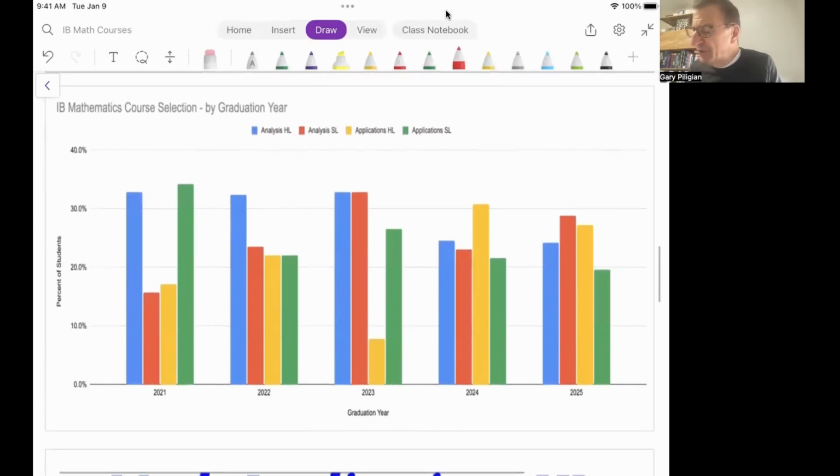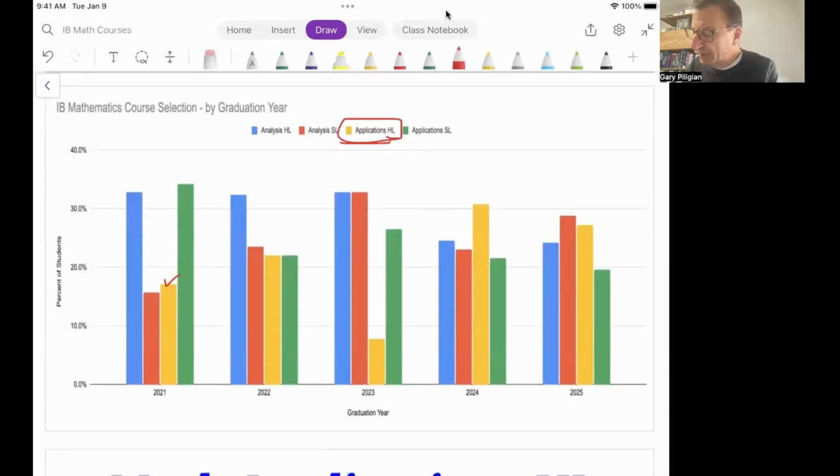This is the slide that talks about what percent of the student body at WIS has selected this course since these courses have been around. And this course, it's interesting because it's the most unique of the four courses. It's jumped around, right?